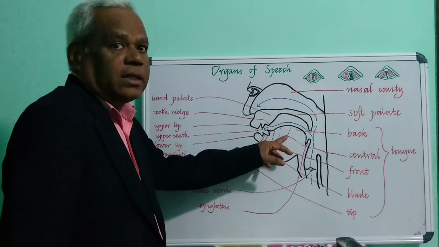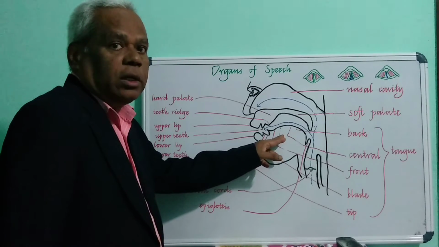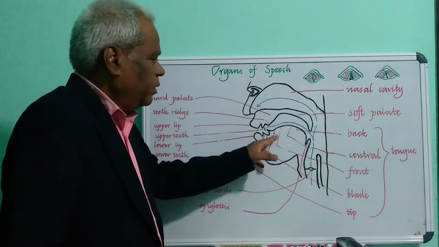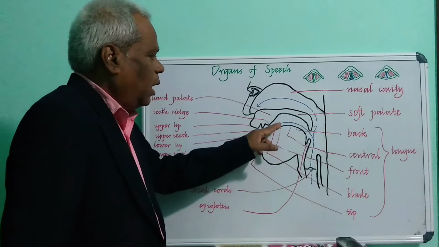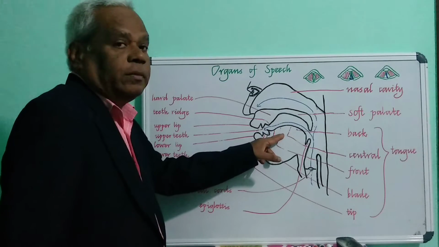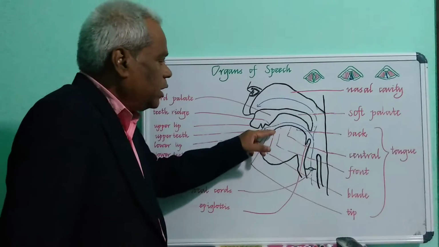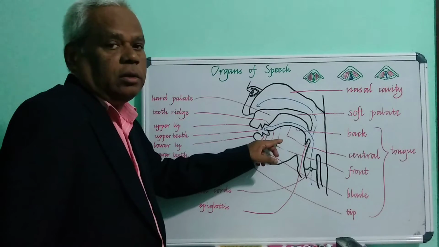Next, the tongue plays an important role in the production of sounds. We make use of the different parts of the tongue to produce different sounds. And the height of the tongue also plays an important role.